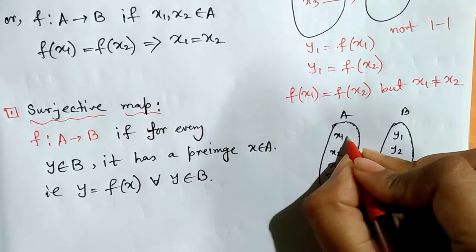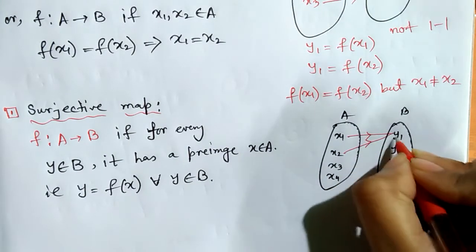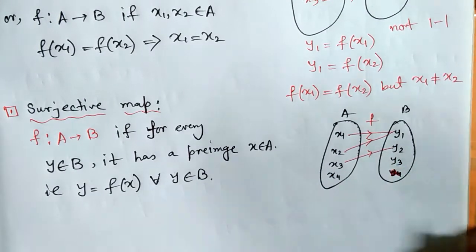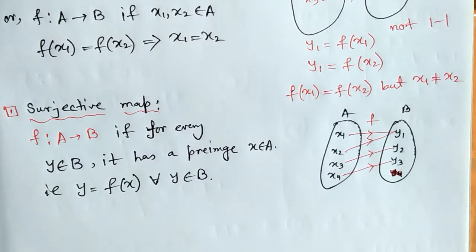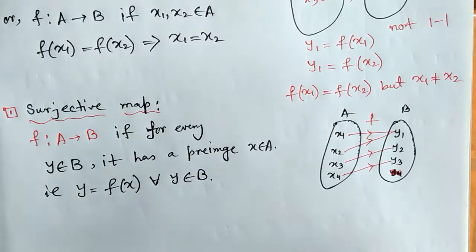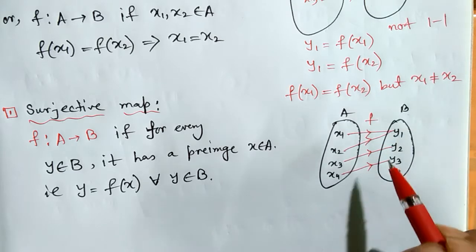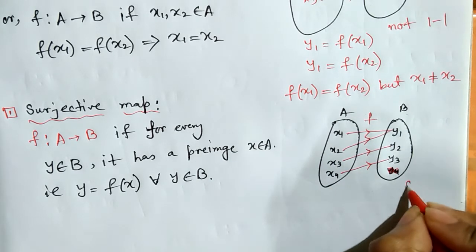Now suppose x1 and x2 are two pre-images of y1 under f, x3 goes to y2, x4 goes to y3. So in this case each and every member of B has a pre-image under f, so this is an onto map.